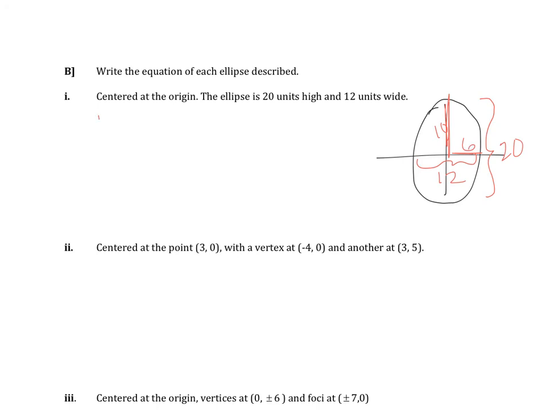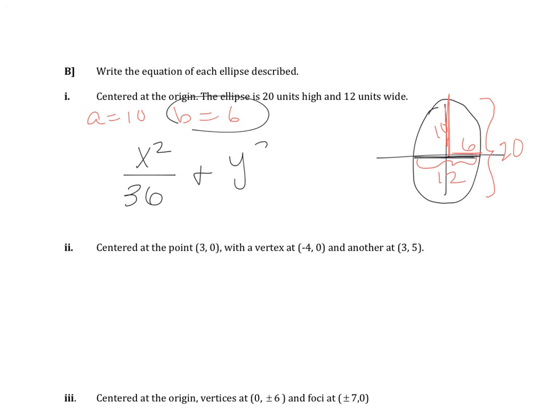So we'll write that here, a equals 10, b equals 6, and we're centered at the origin, so we end up with something that looks like this: x squared over, again, the b value is going to go under the x squared because the minor axis is on x in this case, so x squared over 36 plus y squared over 100 equals 1.